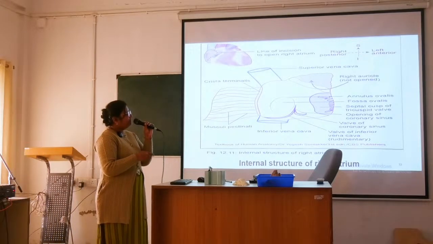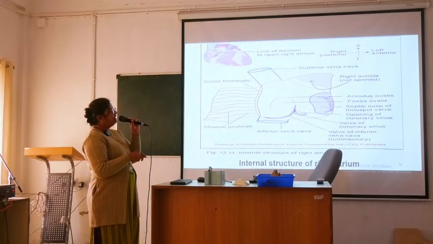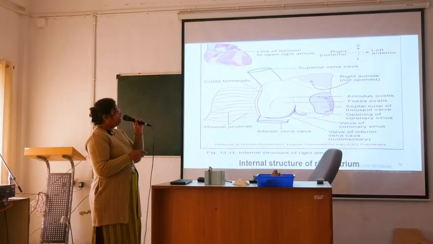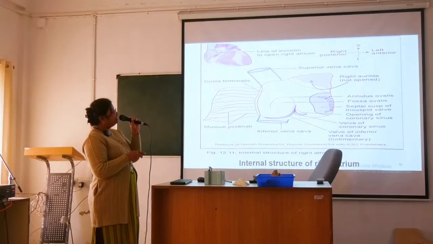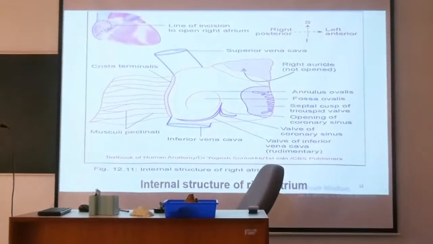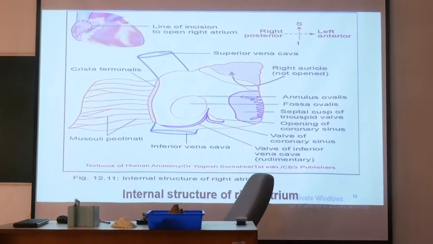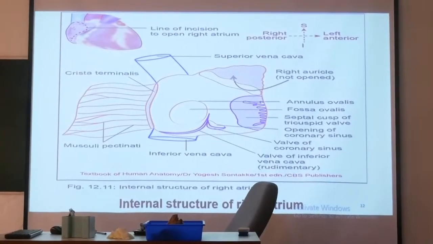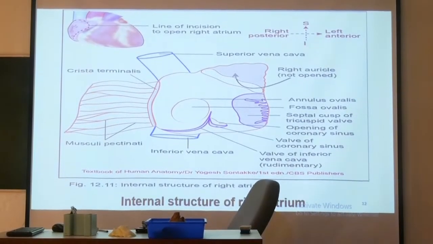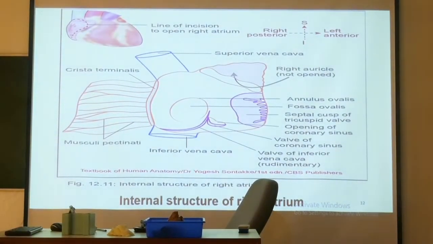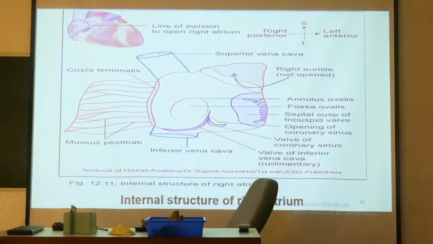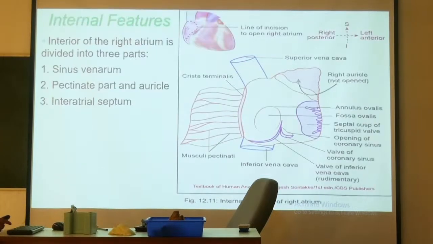This is the tricuspid valve, the septal cusp, and the other two cusps are also lying here. This projection from the right atrium is the right auricle. The interior of this auricle is rough and contains the musculi pectinati.